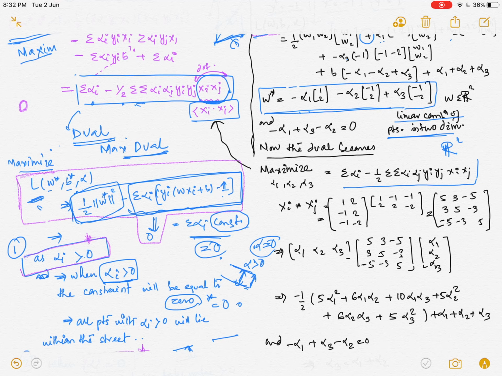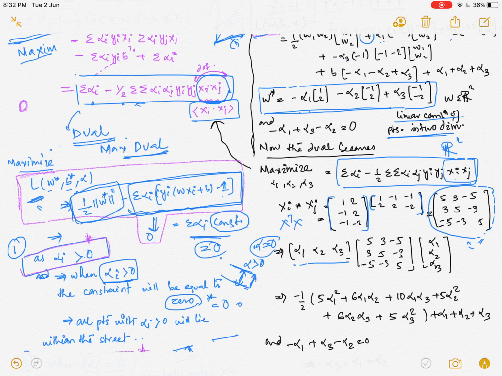This is the dual we have, and if I write it down in matrix format, first I need to calculate xi dot xj, which is nothing but x transpose x. Here is the x value, this is the transpose value, and this is the matrix that I get after multiplying x transpose x. Now I need to multiply alpha i and alpha j.